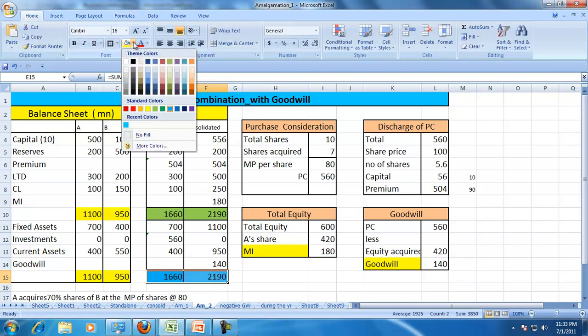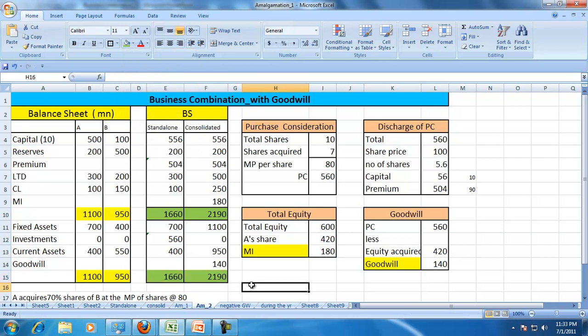So unlike the standalone balance sheet, the consolidated balance sheet, to recap, will not show the investments, but the investments are reflected by the assets and the liabilities. Any excess paid will be shown as goodwill.